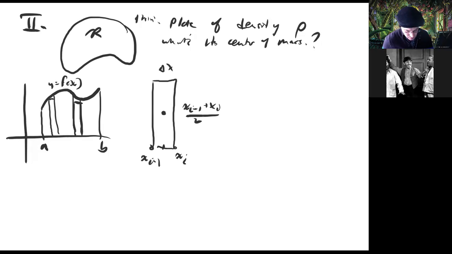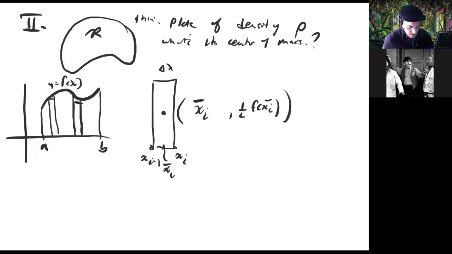That would be the halfway point horizontally, and then you have the halfway point vertically, which is 1/2 f of x_i. Actually, let's use x_i bar, and let's call this point x_i bar. Okay, so that's the centroid of the rectangle.